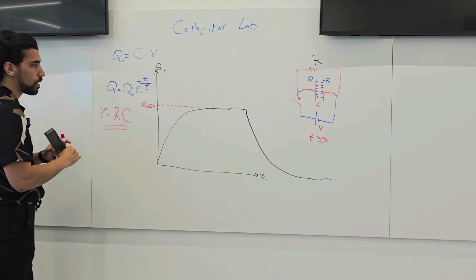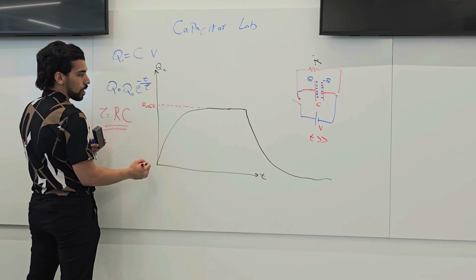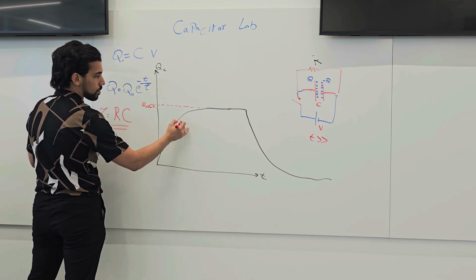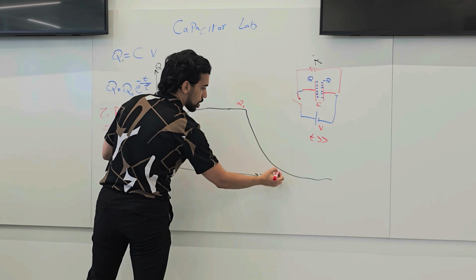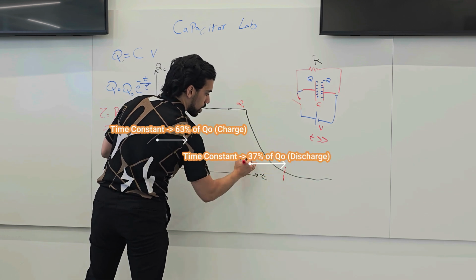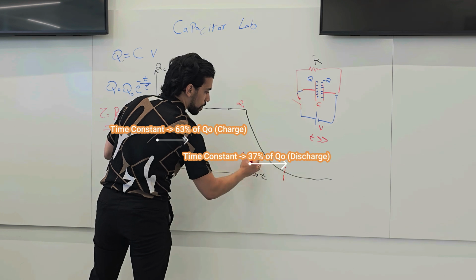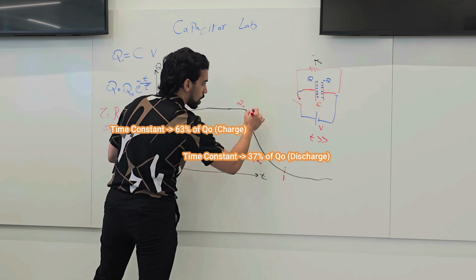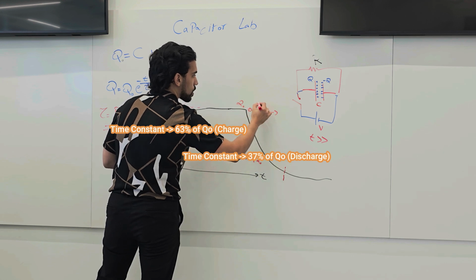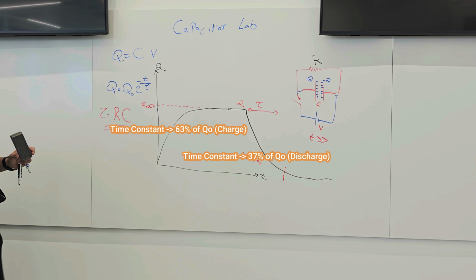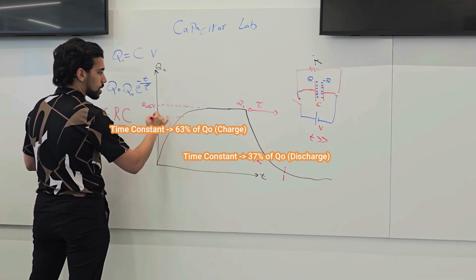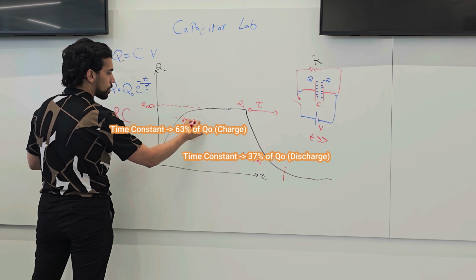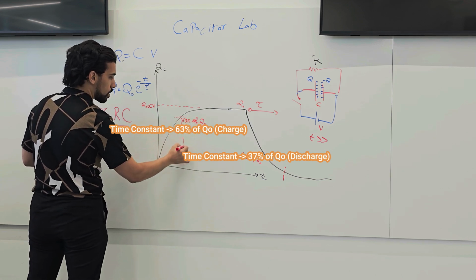The duration itself to reach, for example, from Q naught to almost here, about 60% of Q naught, this duration is called tau. And this is the same as well: to reach here, 63% of Q naught, is also kind of down.